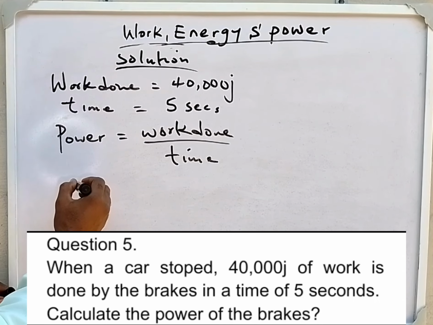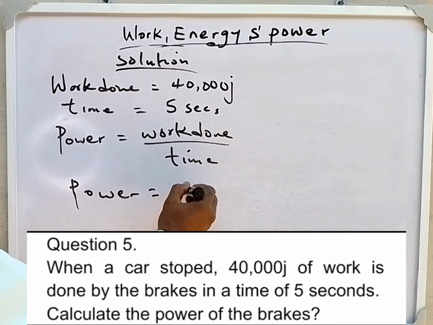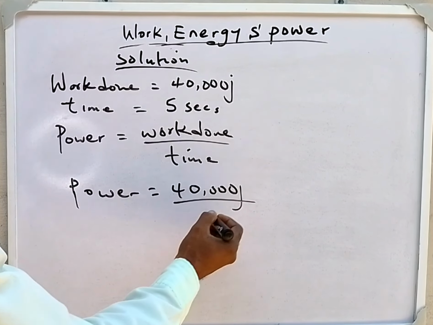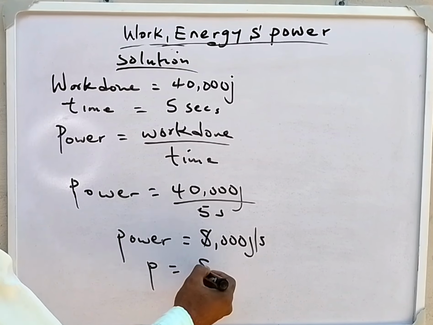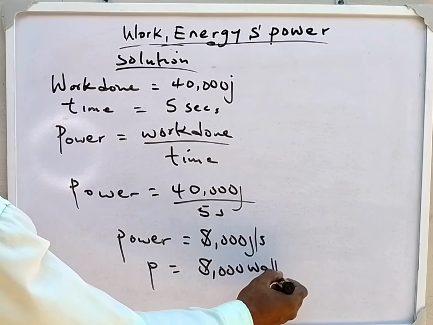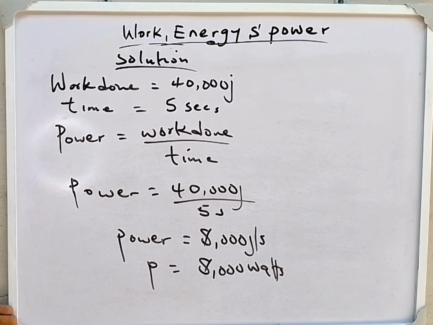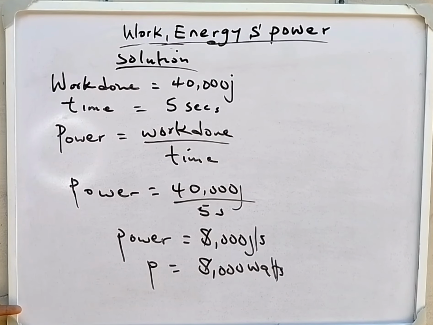So we now see that power is equal to work done, 40,000 joules, over 5 seconds. So this is equivalent to 8,000 watts. So the power of the brakes is 8,000 watts.